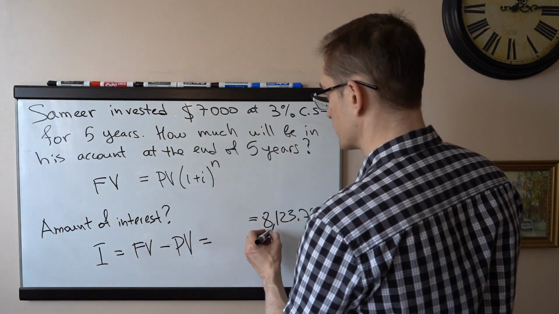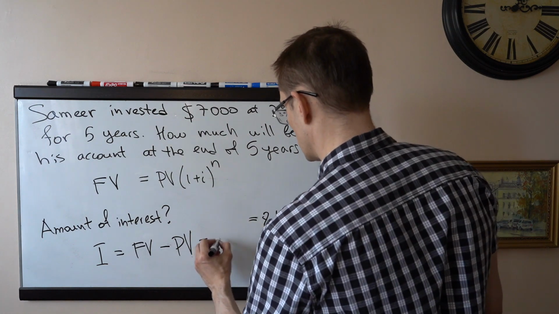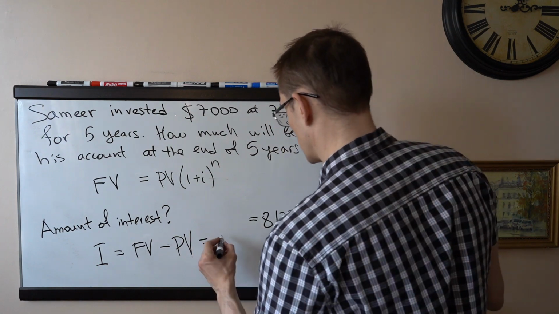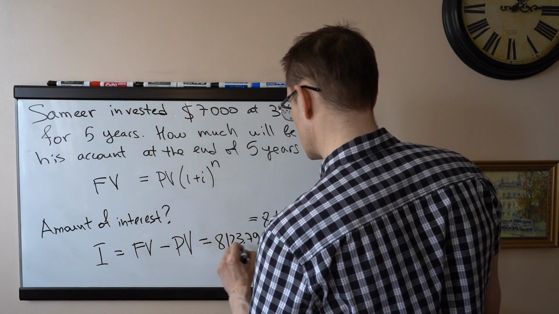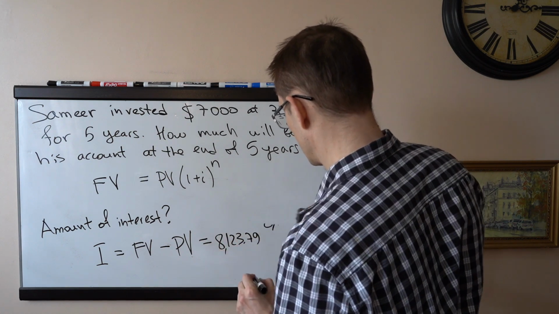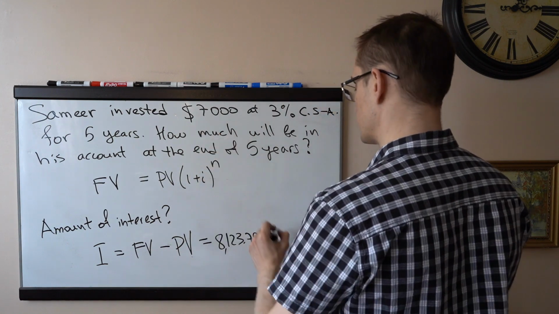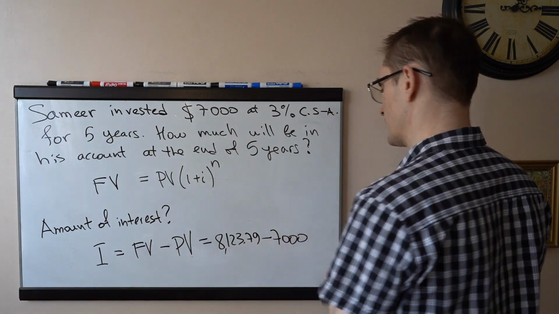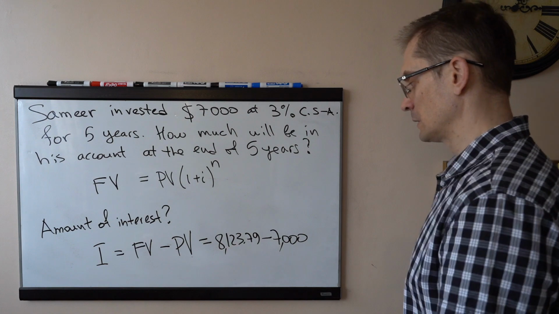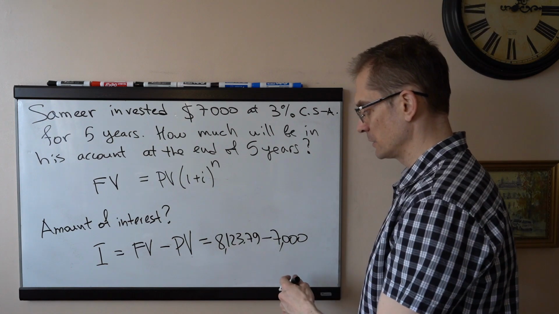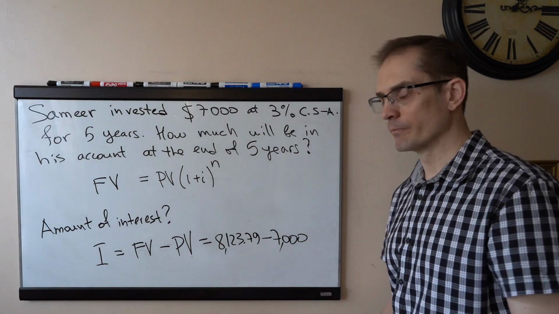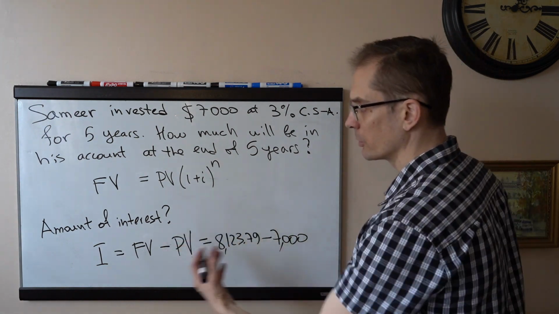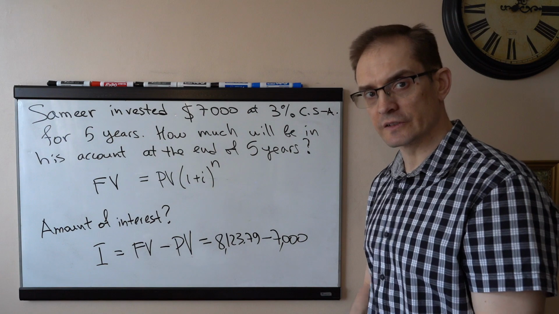So your future value is 8,123.79, minus 7,000. Of course, it's 1,123.79 of interest. So that's how you would go about calculating compound interest amount.